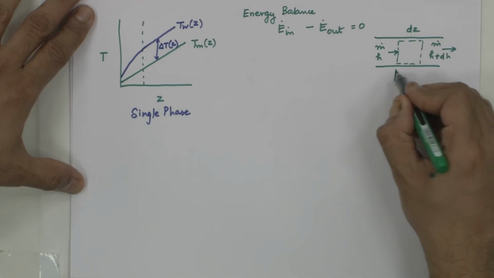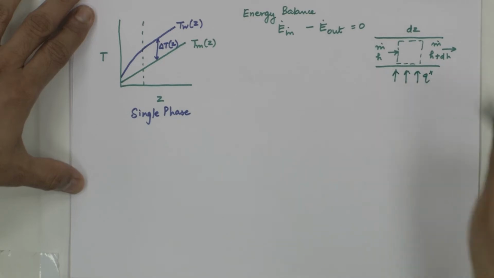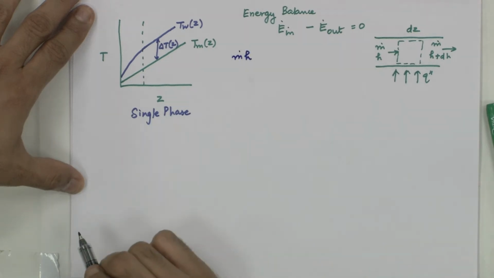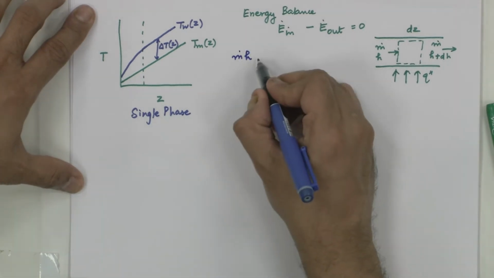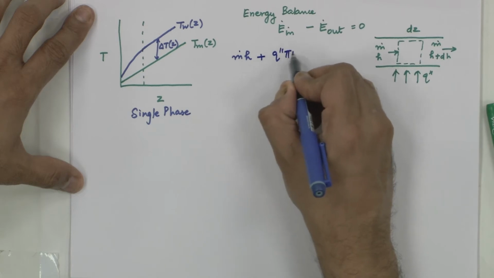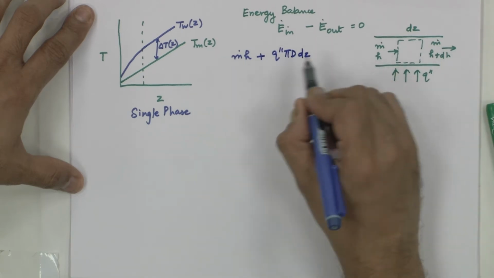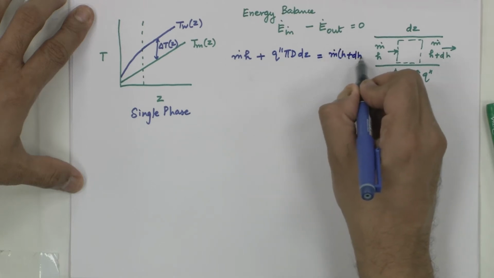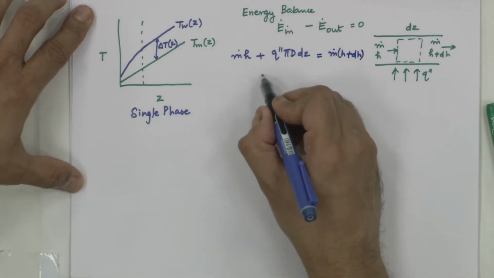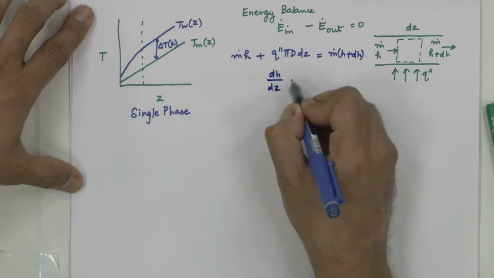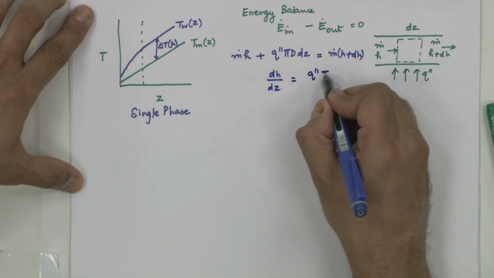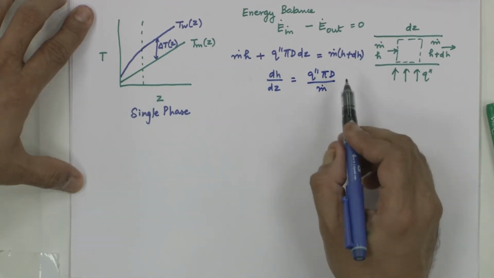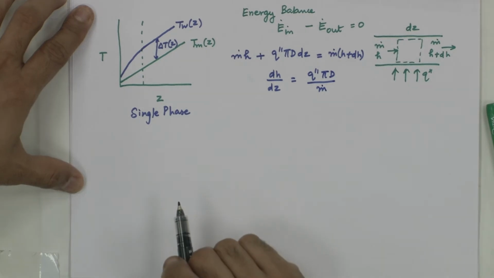When I use this control volume for my analysis, I write the energy balance as m dot H, the enthalpy of the fluid coming in, plus the energy added, q double prime pi d dz, is equal to m dot (H plus dH). On simplification this gives me dH by dz is equal to q double prime pi d by m dot.